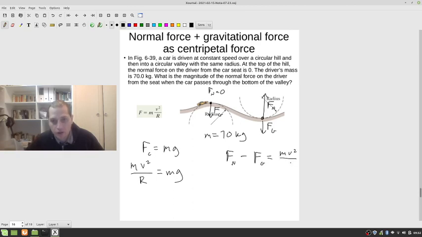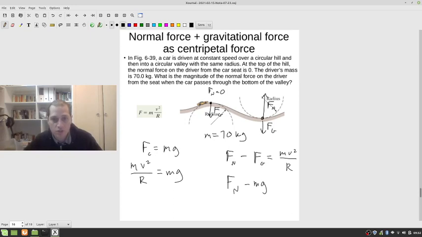mv squared over r. Okay, so this is F equals ma, but the a is going to be, again, centripetal acceleration towards the center of a different circle. All right, so I think you can maybe see where I'm going with this, which is they want you to find Fn, which in this case is going to be Fn minus mg.